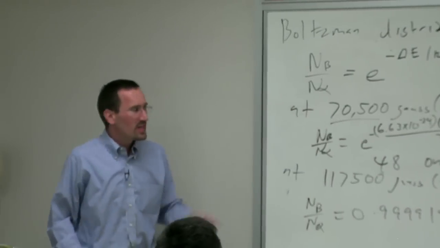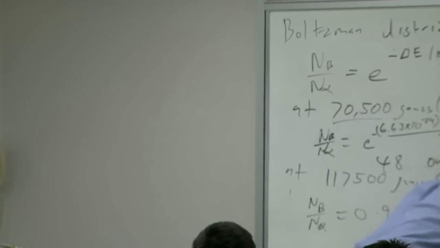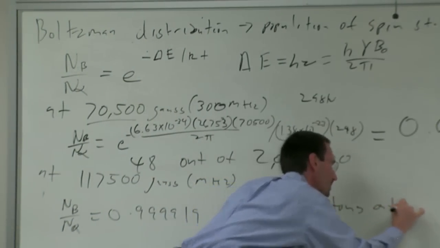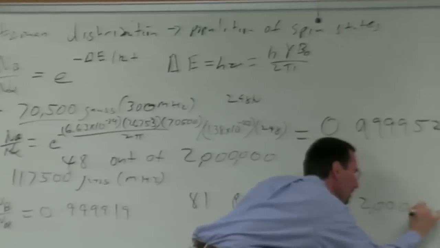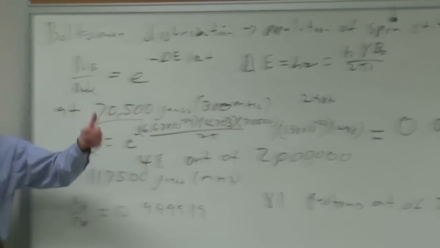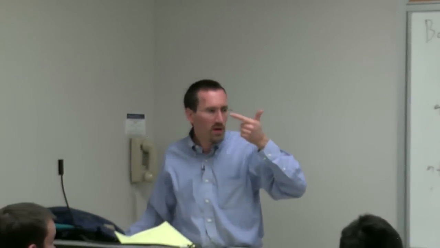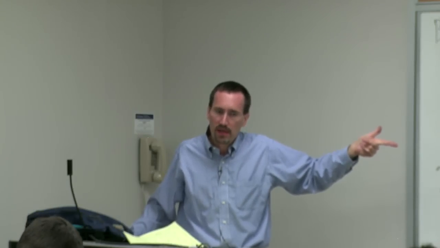In other words, it only gets a little bit better. It's only 81 protons out of 2 million. So we are damned by the low energies. We are damned by the low differences in population.